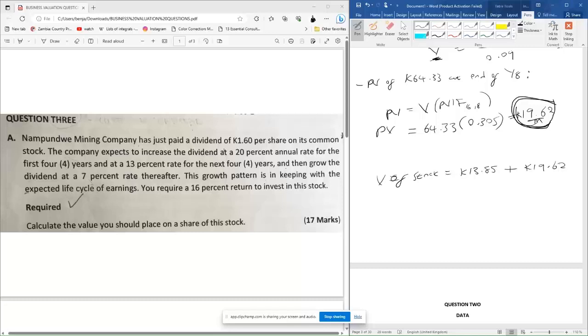So that's 19 kwacha 62 ngwe. When we add the two, it will give us a total value of 33 kwacha 47 ngwe. This is the total value of our common stock. And we've answered the question just like that.